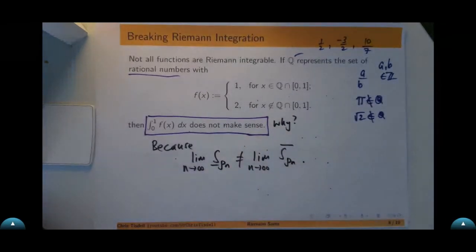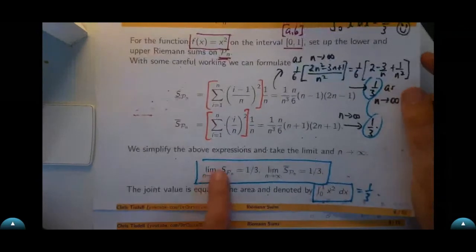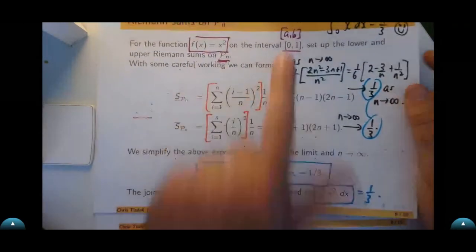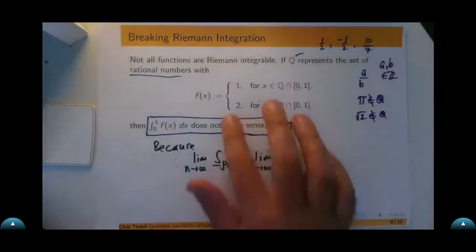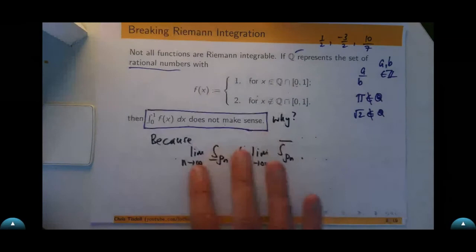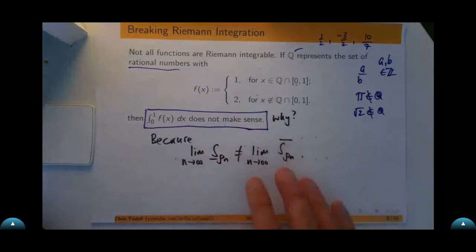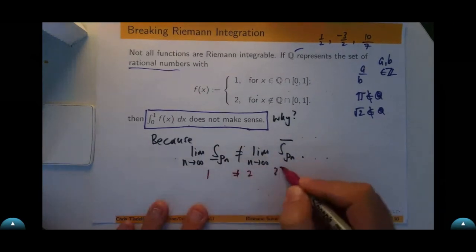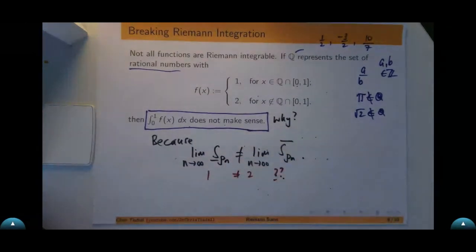You can see in the previous example, we took these limits and they were both equal, for that example and that interval. That was fine. But for this one, the limits don't agree. I think the lower limit is 1 and the upper limit is 2.